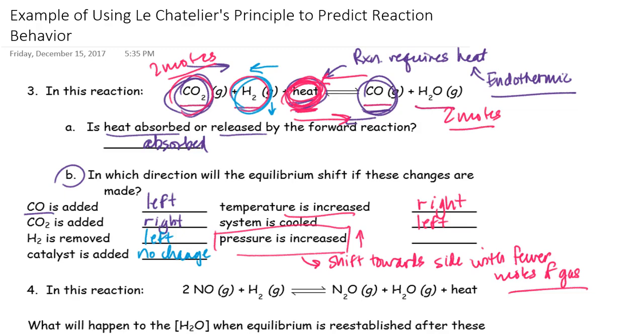Since the number of moles are equivalent on either side, there would be no effective pressure on this equilibrium system. And so that would mean I have no change in this particular reaction system if I increase the pressure.